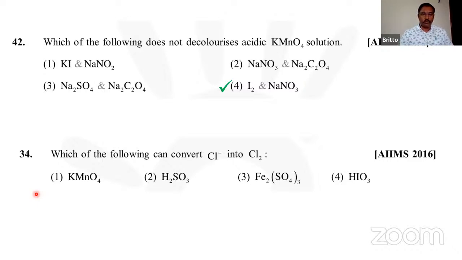In hydrochloric acid there is Cl minus, chloride ion, and KMnO4 will oxidize it to chlorine gas. It is a strong oxidizing agent. So hydrochloric acid we cannot use to prepare this reagent. We should use only sulfuric acid.